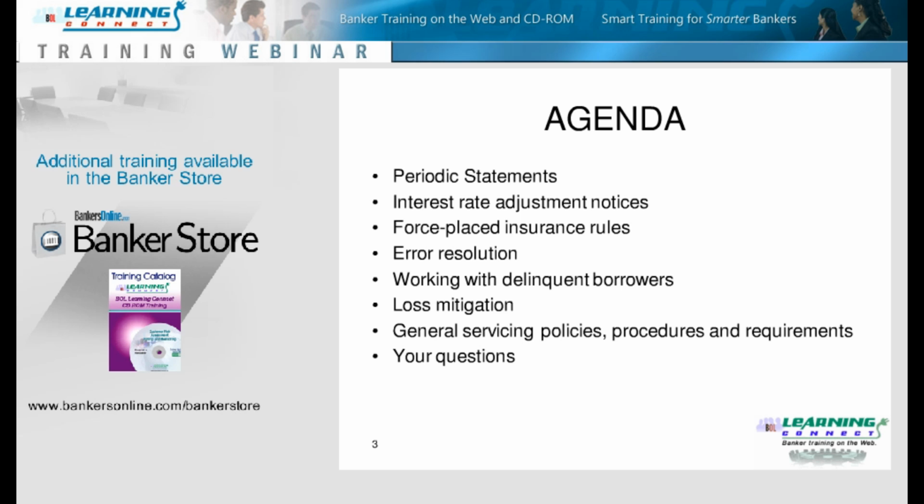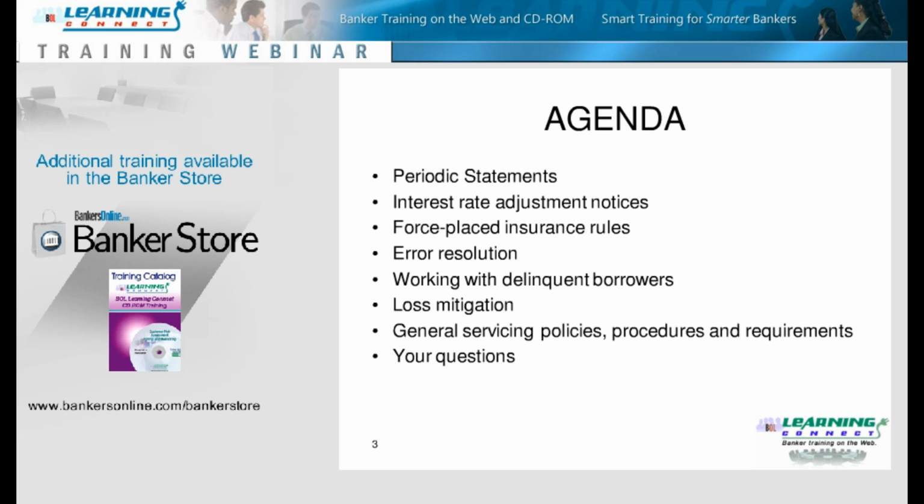And when you think about the changes, they fall into about 9 different categories that are shown on page 1 of your materials. They range from new periodic mortgage billing statement requirements to changes in notifications that must be sent in advance when there's going to be a rate adjustment on an adjustable rate mortgage loan.